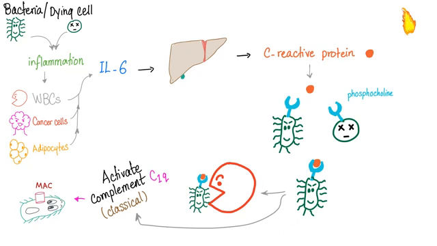It's gonna eat the bacteria or the dying cell, activating the complement C1q, which is in the classical complement pathway, leading to the activation of the MAC. When there is MAC, there is attack. Go to hell, bacteria. And that's, my friends, how we kill these suckers. See, C-reactive protein is kinda cool.